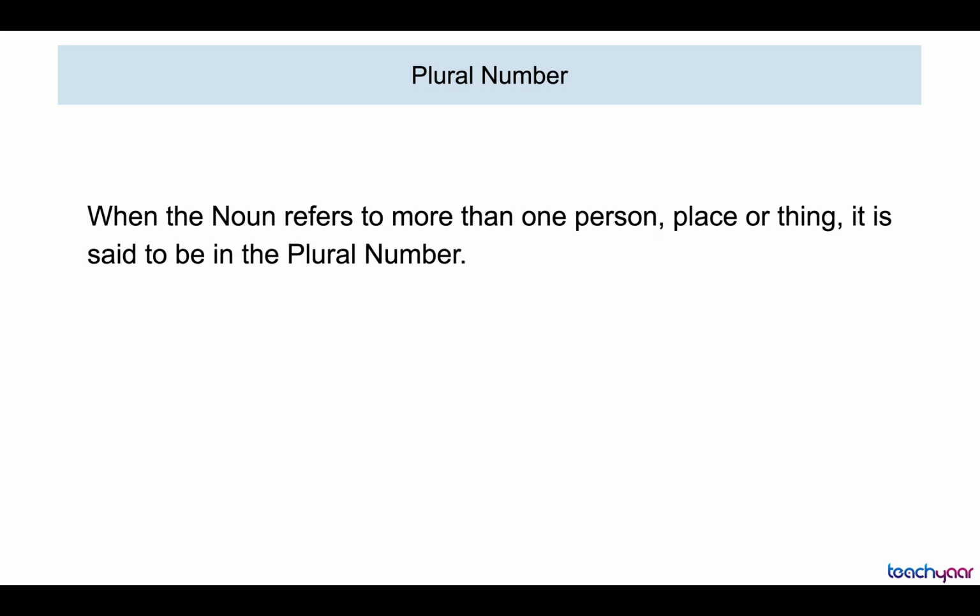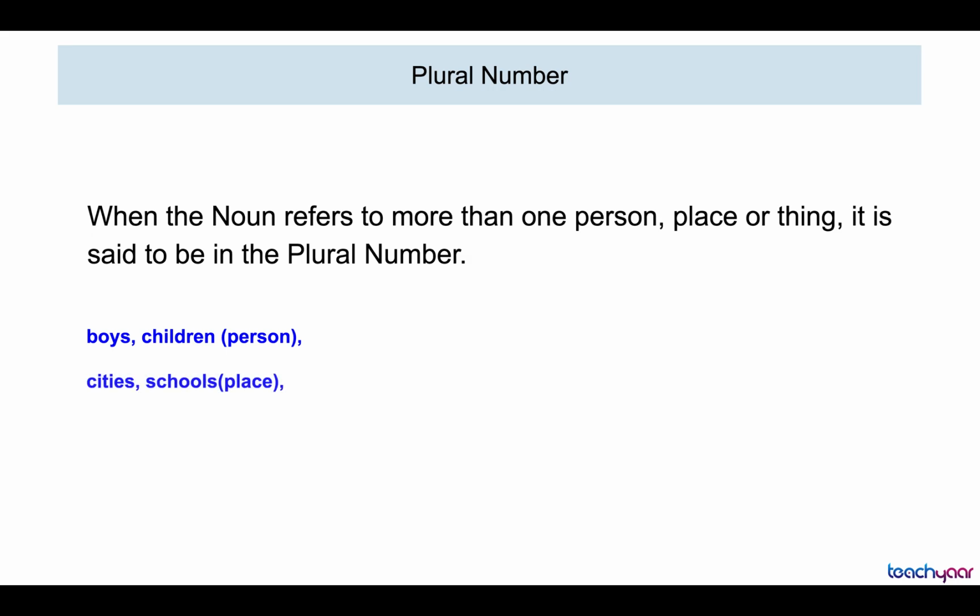When the noun refers to more than one person, place, or thing, it is said to be in the plural number. Let's take a few examples. Boys. So now this noun indicates that there are more than one boys there. Children means there are more than one.